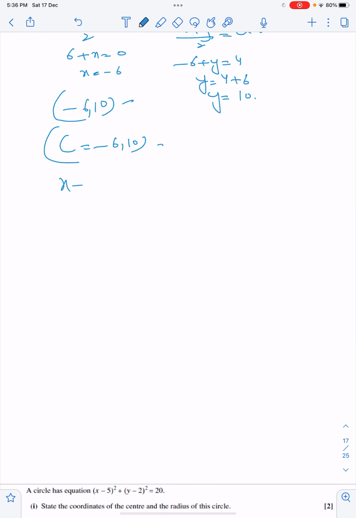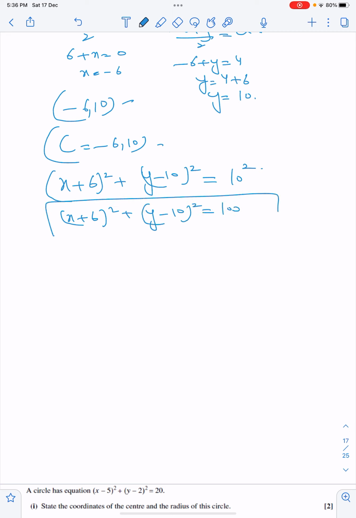This is the coordinate, so x plus 6 the whole square plus y minus 10 the whole square equals the radius, which is 10 square. X plus 6 the whole square plus y minus 10 the whole square equals 100 is the equation of the circle.